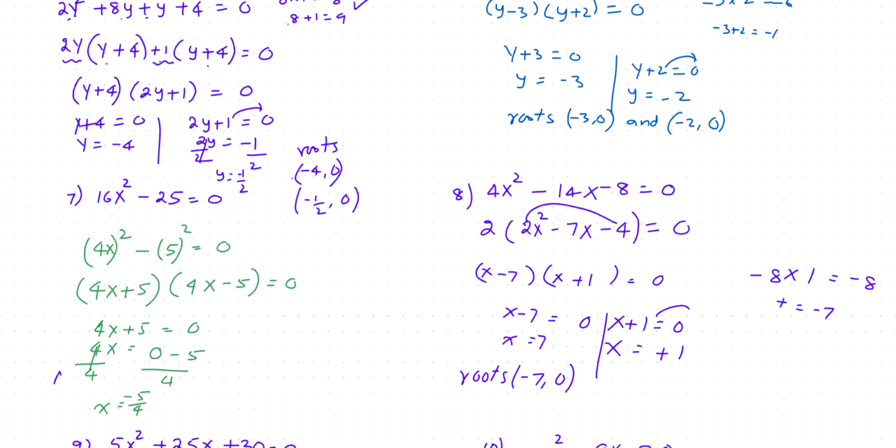Yeah, we got here x plus 1 equals to 0, x equals negative 1. So what are the roots? 7, 0 and negative 1, 0. They are the two roots.